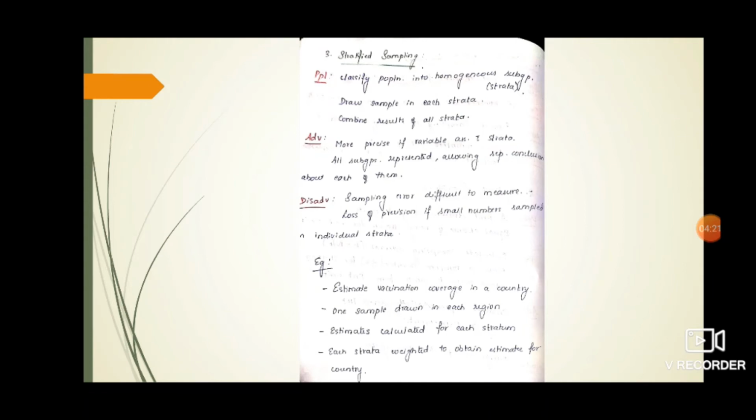The disadvantage is that the sampling error is difficult to measure, and there is loss of precision if small numbers are sampled in individual strata. For example, to estimate vaccination across the country, one sample is drawn in each region, and then we calculate the estimate for each stratum. Each stratum is weighted to obtain the estimate for the country.